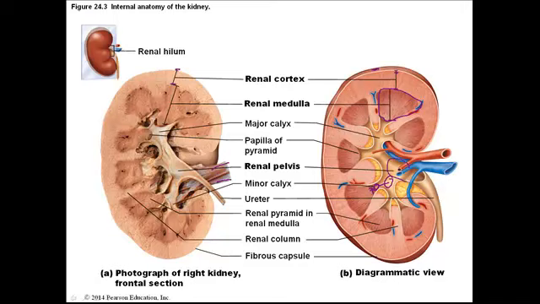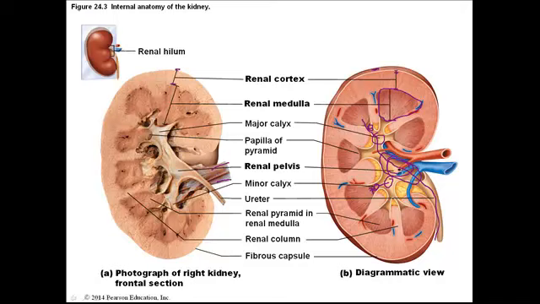And then right here is the renal pelvis. So minor calyx here, major calyx here, and renal pelvis, this area here. It's just the flow of urine as it comes out of the tubular system. It'll flow like this and down here.